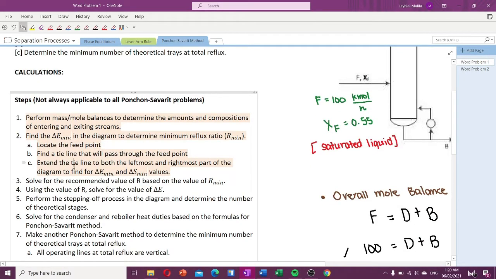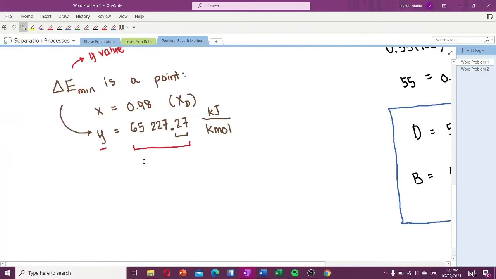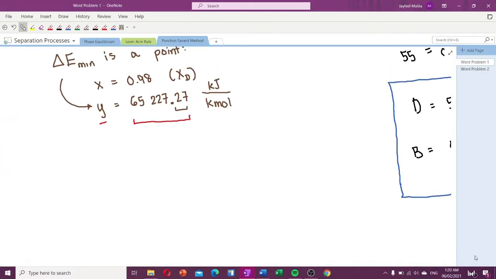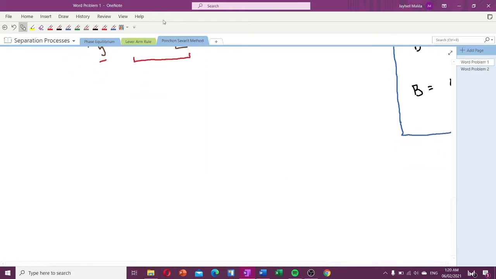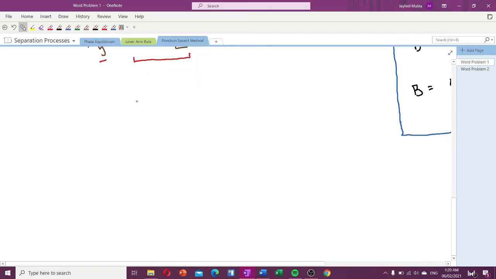okay, we need to determine first the minimum reflux ratio. So solve for the minimum reflux ratio. The relationship between the reflux ratio and the delta E is this. Let me give you the formula.